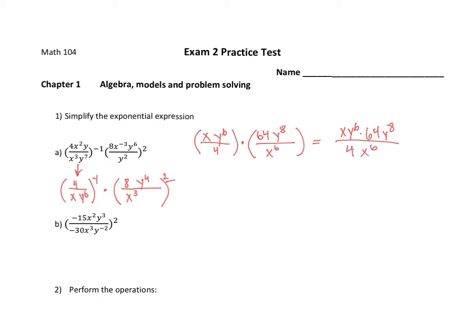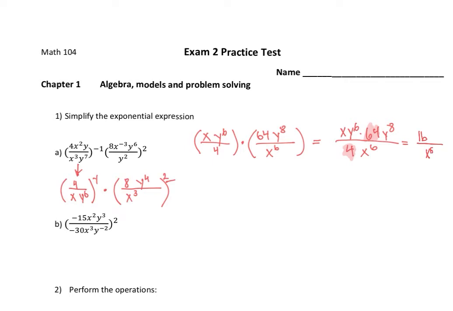All right, now we're going to just reduce this and combine like terms. I always like to start with my constants. So 64 divided by 4 would be 16. Then I have x over x to the 6th is x to the 5th in the denominator.